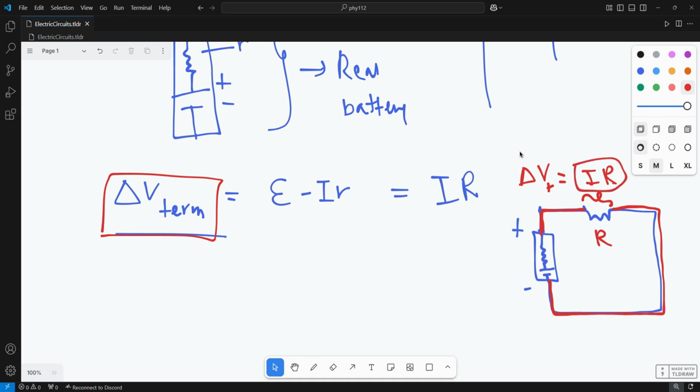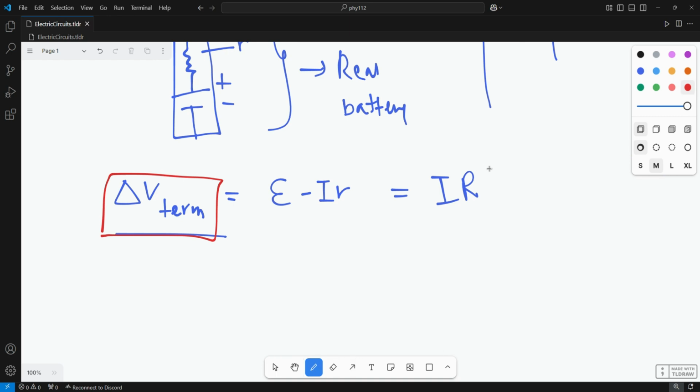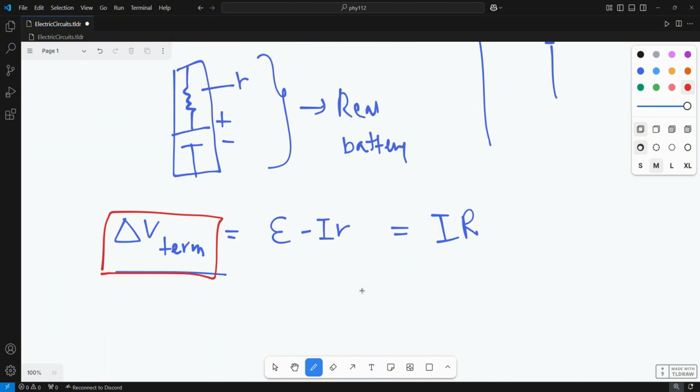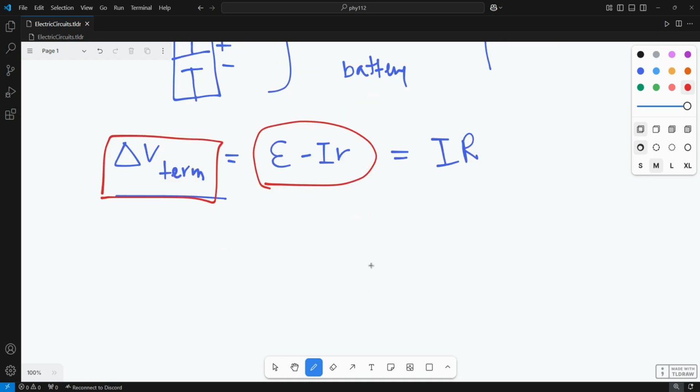So from this, and from the theory that we learned over here, we can express the EMF as I R plus I r.